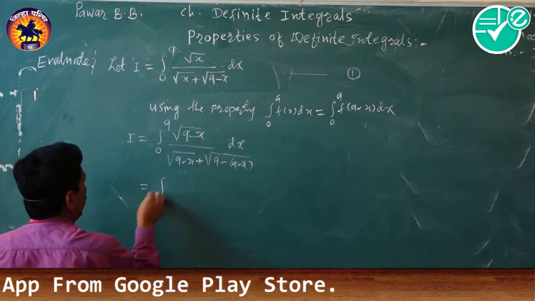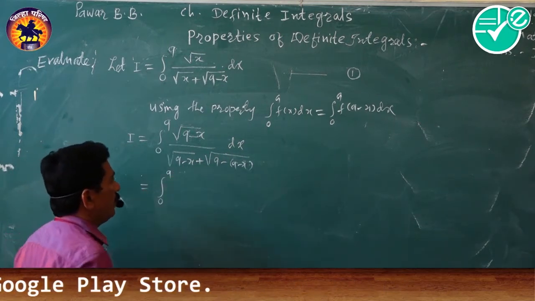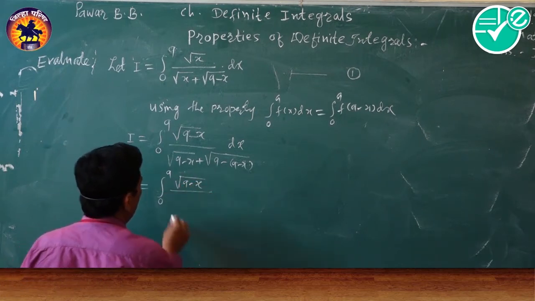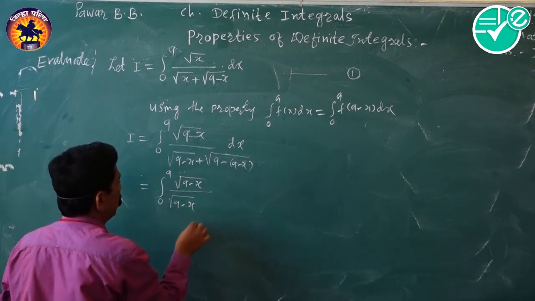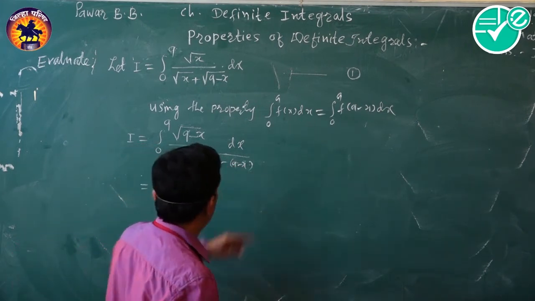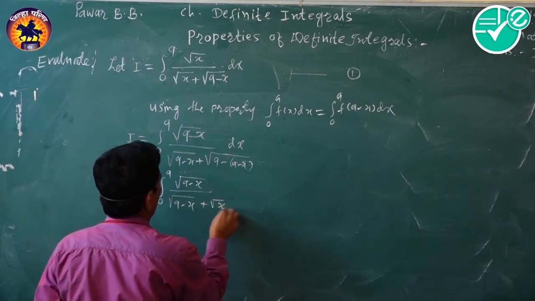This is equal to integration from 0 to 9 under root 9 minus x as it is divided by under root 9 minus x plus, this 9 minus 9 gets cancelled and minus minus plus x, that is root x.